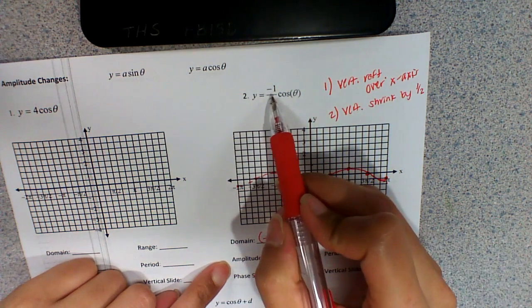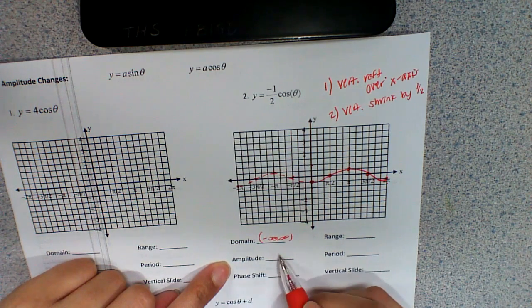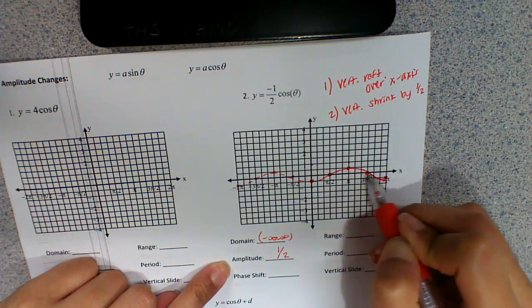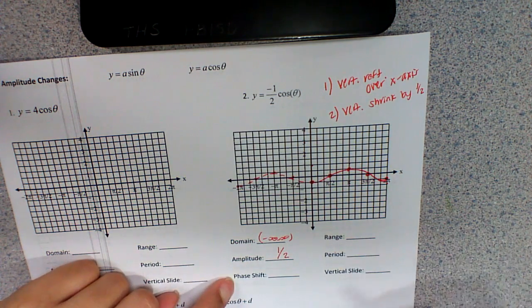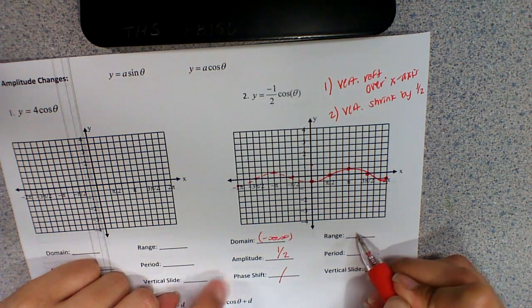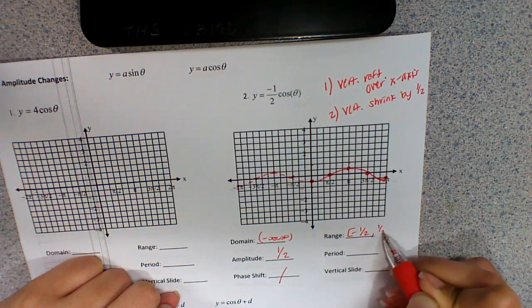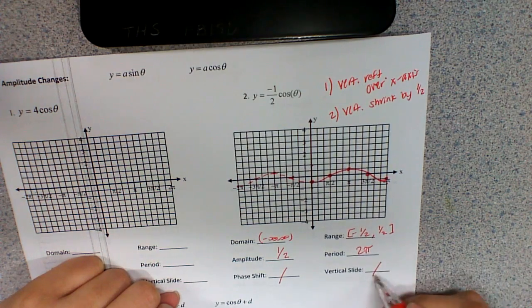So even though we have a reflection, we cannot write down a negative in the amplitude. We must write positive 1/2 because, again, it's the distance between your midpoint and the highest point there. Phase shift, I don't have. Remember, that's a left or right move. My range, I know, is from -1, -1/2, I'm sorry, to positive 1/2. The period is still 2 pi. Vertical slide, I don't have.